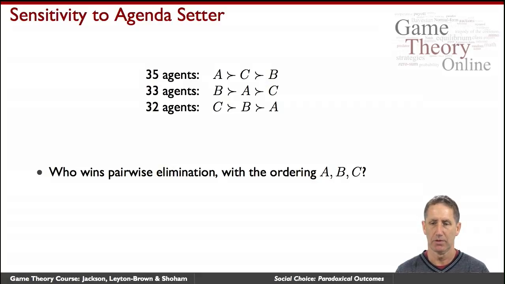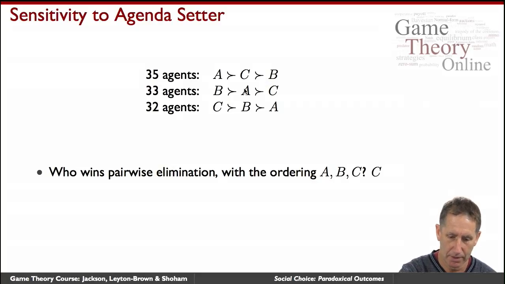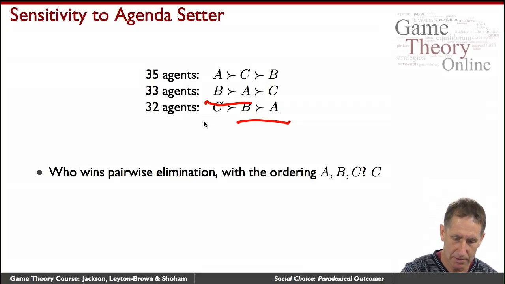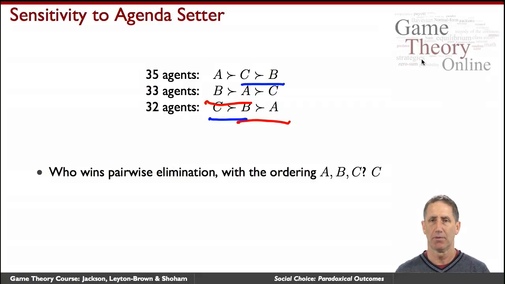And once you do, you realize that C would be the winner, because when A is compared to B, well, we have B preferred to A by a majority of the agents, so A would be eliminated. And then when the winner, namely B, is compared to C, you'll see that C is preferred to B by the majority of the agents, and therefore C will be the winner of this election with this ordering.